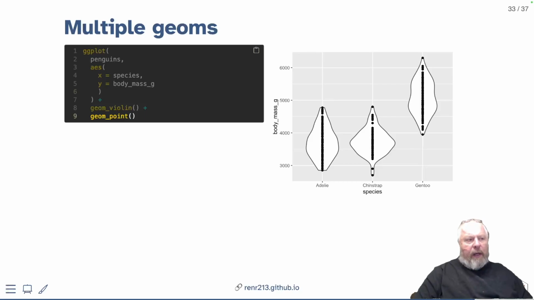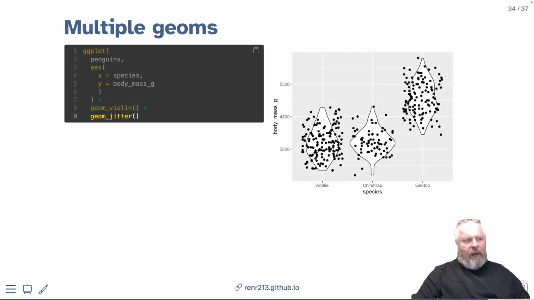We could look at the actual data points within the plot. These overlap so much that it's not terribly useful. But what we can do is add a jitter to the plots so that we can get an idea of how the density of the individual data points shows up on our graph.